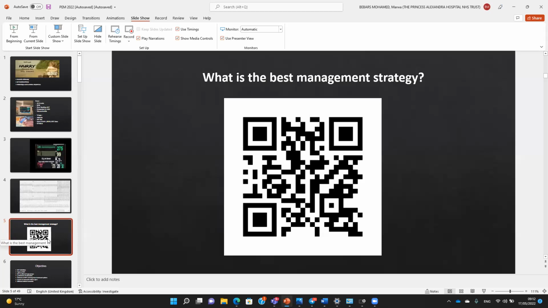Is the QR code working? If there is any problem? It's working.